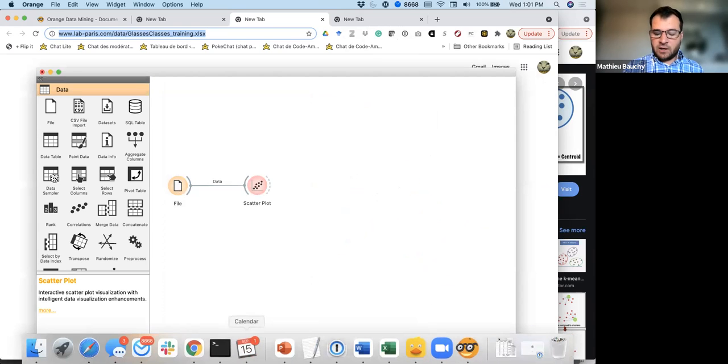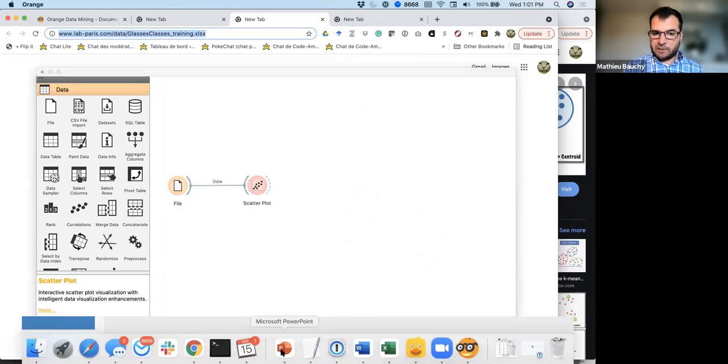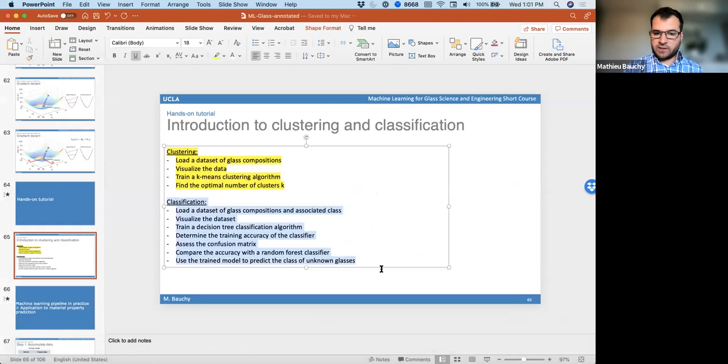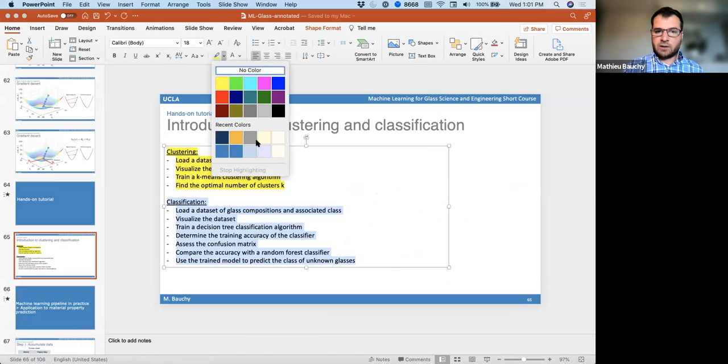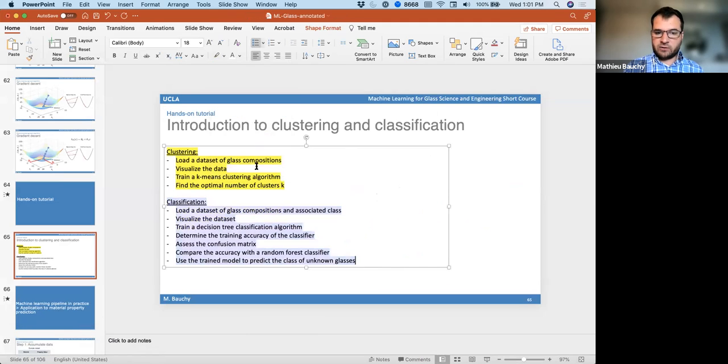So here, coming back to what I would like you to do, I think I can let you think a little bit about this, and then we can discuss more about this tomorrow. What I would like you to do is to take this data set of glasses for which you have different glass compositions, and you know the class of each glass.